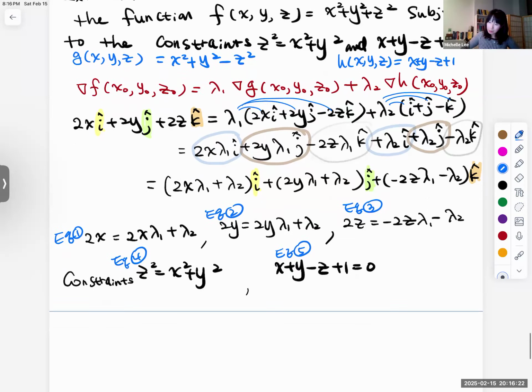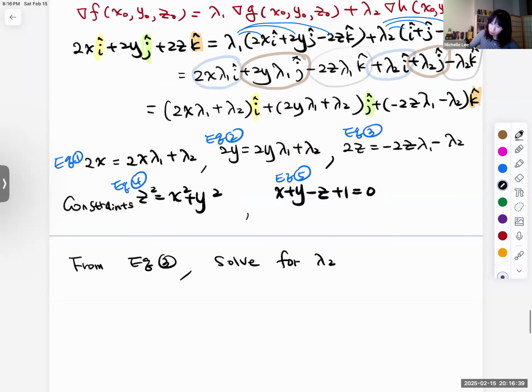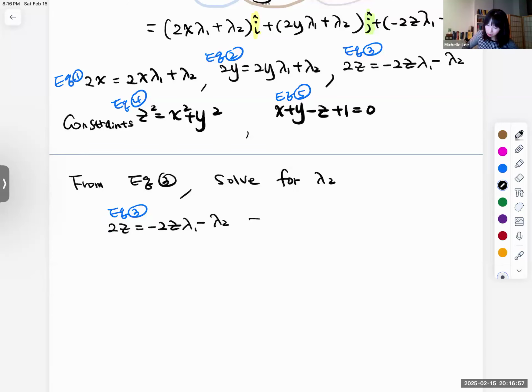All right, so from equation number 3, solve for lambda 2. Copy, paste.